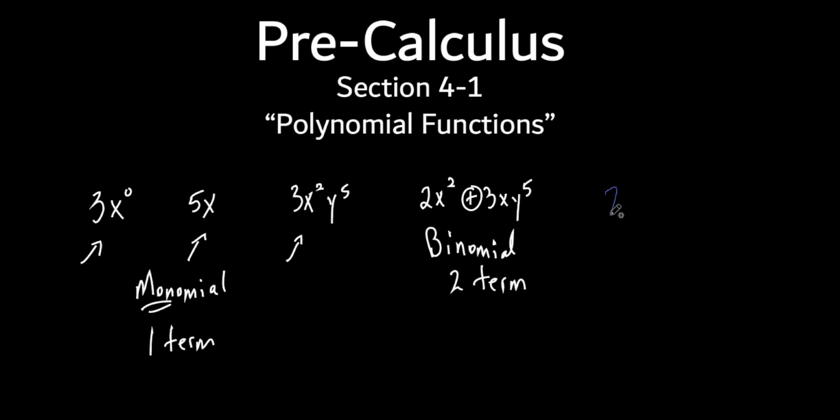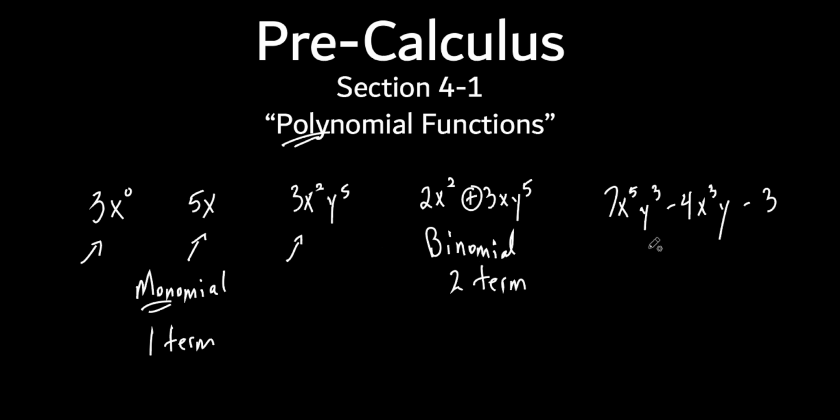What if I had this: 7x to the 5th? There's nothing special about these numbers and letters. I just picked this. This isn't even in the book. So what kind of polynomial? Poly meaning what? Multiple or many is what I usually say when you see the prefix poly.